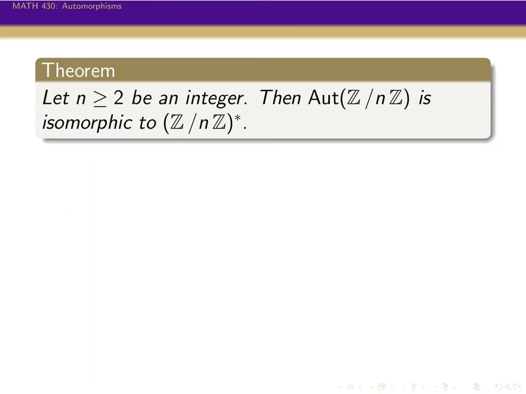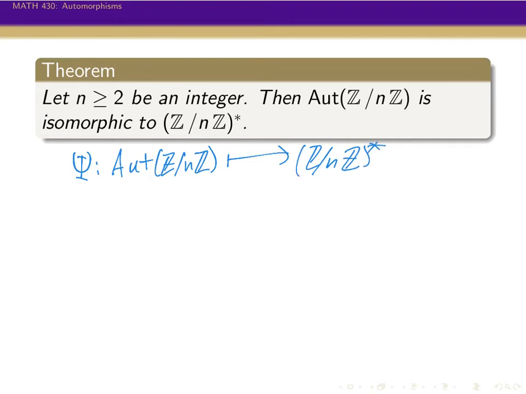So understanding this is now going to allow us to build our isomorphism between the automorphisms of Z mod nZ and Z mod nZ star. Our isomorphism, I'm going to call it capital psi, is going to be mapping the automorphisms of Z mod nZ. So it's a map of maps that sends maps to elements of the multiplicative group mod n.